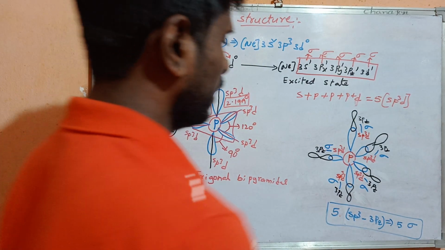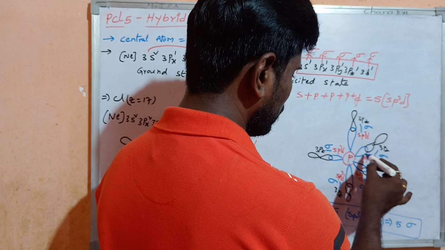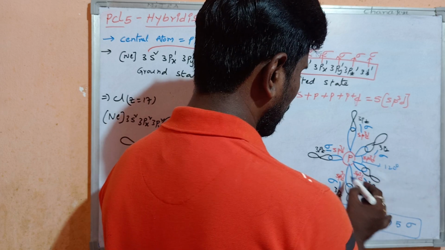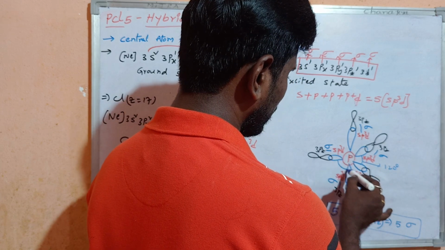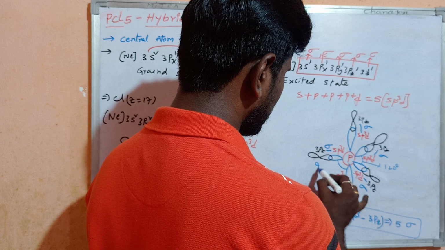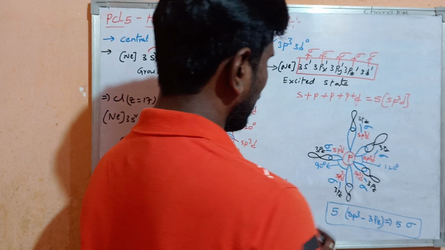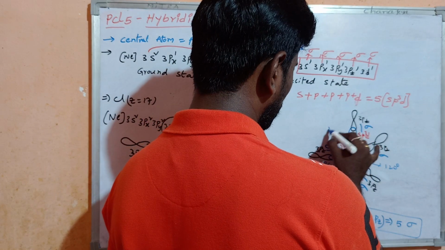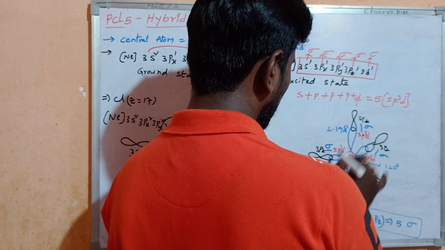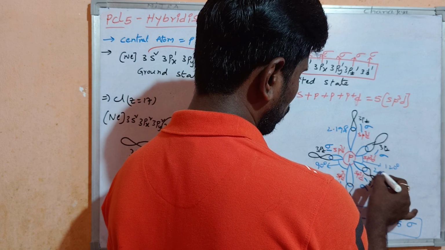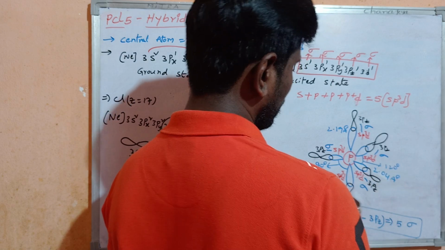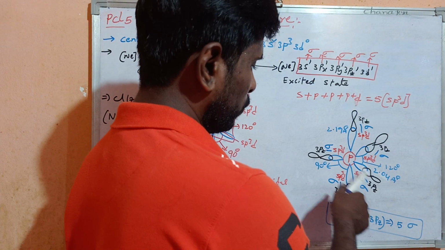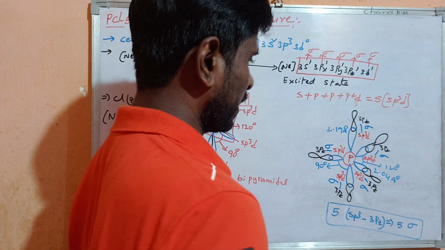Here the bond angle between two equatorial orbitals is 120 degrees, and between equatorial and axial it is 90 degrees. The axial bond length is 2.19 angstroms and the equatorial bond length is 2.04 angstroms.